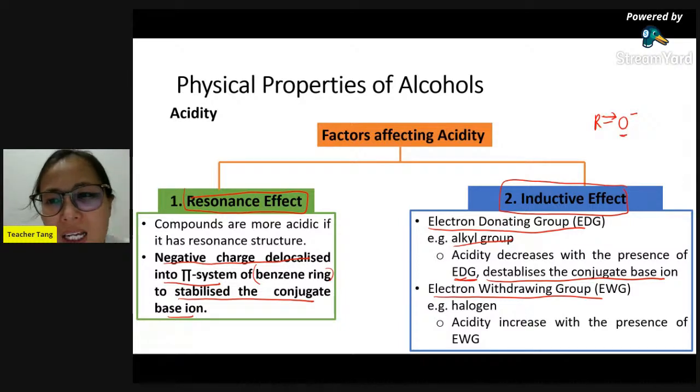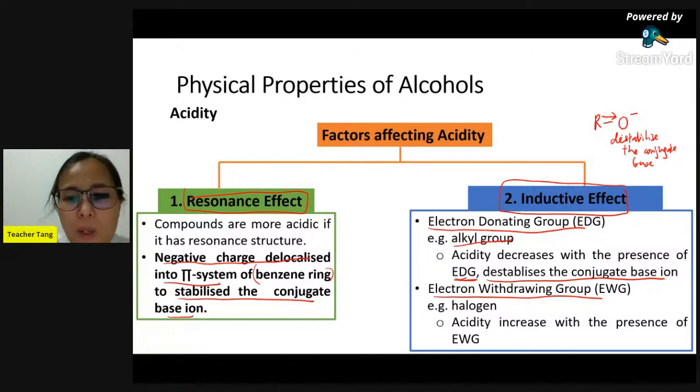This oxygen negative charge is already electron rich, and the alkyl group gives it even more, therefore destabilizing the conjugate base.